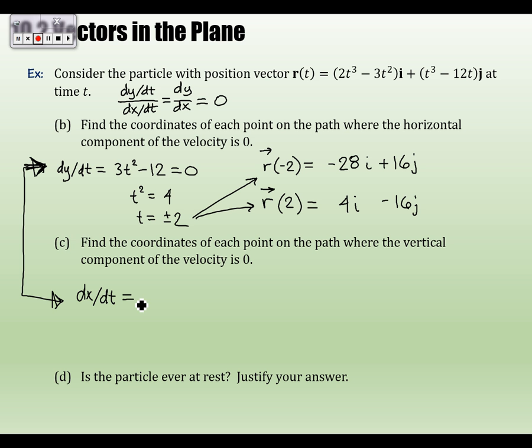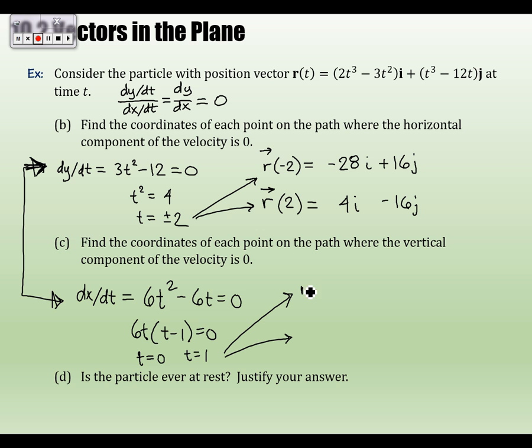Okay. What's dx/dt? 6t. 6t equals 0. So we get t equals 0 and t equals 1. Those are the actual answers to part B. And if we plug in those values, that's nice and easy.